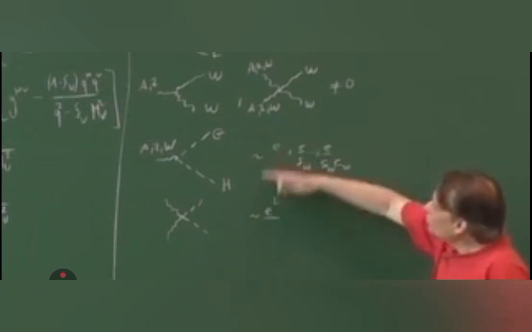So all of what you see here follows completely directly from the covariant derivatives in the Lagrangian, and is completely governed by gauge invariance.